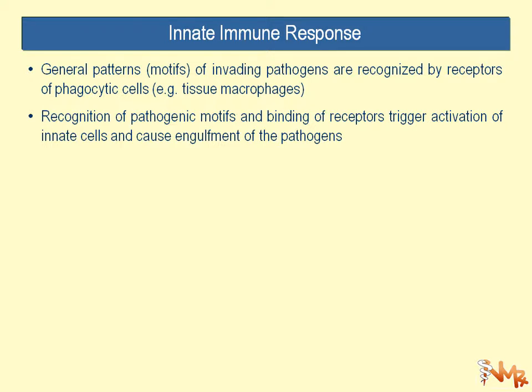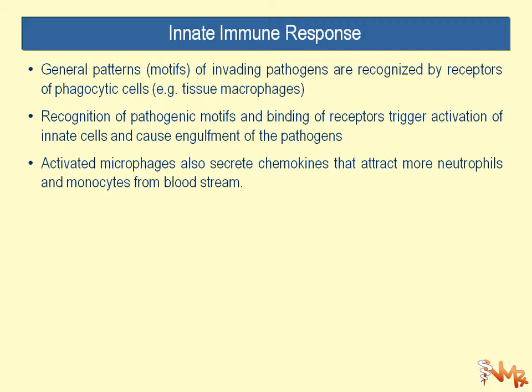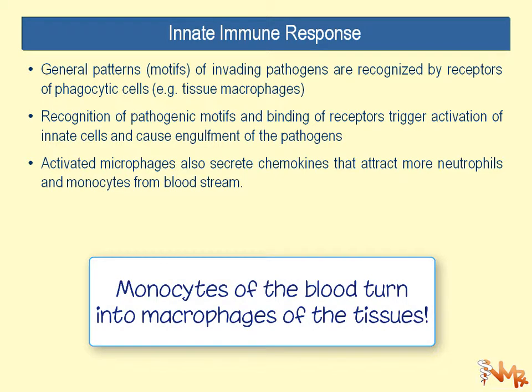Recognition of pathogenic motifs and binding of receptors trigger activation of innate cells, such as macrophages, and cause engulfment of the pathogens. Activated macrophages also secrete chemokines, and these chemokines, as we're going to see shortly, can attract more neutrophils, and they can attract monocytes from the bloodstream to the site of invasion by the pathogens.